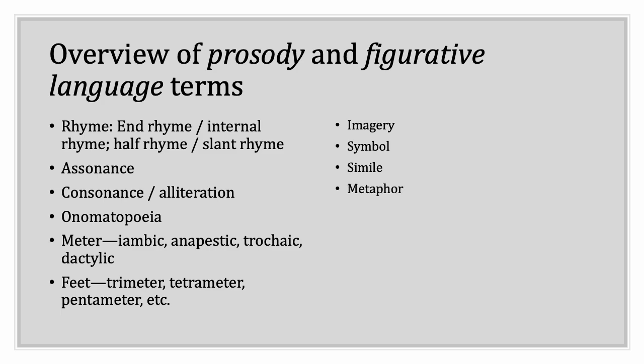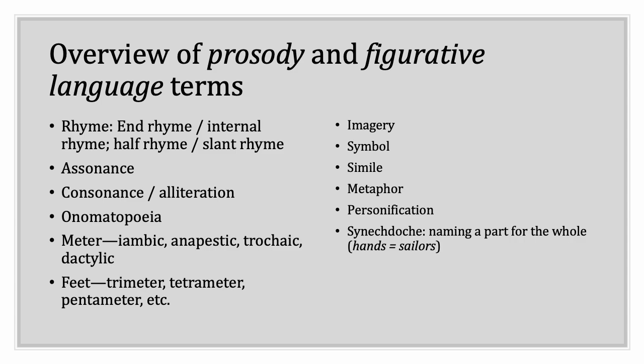If the comparison is made more directly, your eyes are two limpid pools, that is called a metaphor. If something that normally is not considered a person is considered a person, like the weather or a jar being stubborn and open, we call that personification.